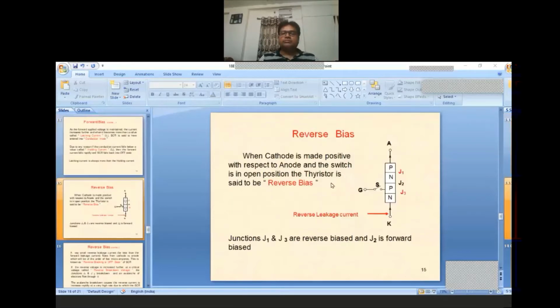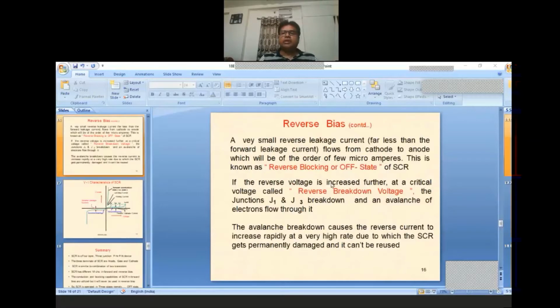When compared to the forward biased, again a very small reverse leakage current flows through the SCR from cathode to anode, but when compared to the forward leakage current, this will be very much less, of the order of few microamperes and even maybe nanoamperes.